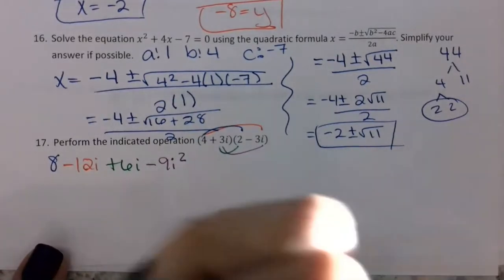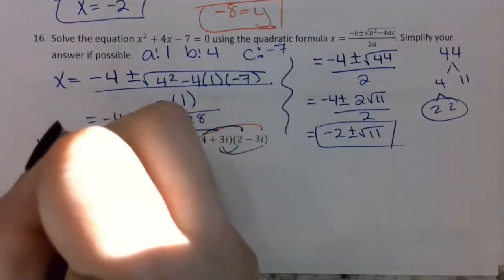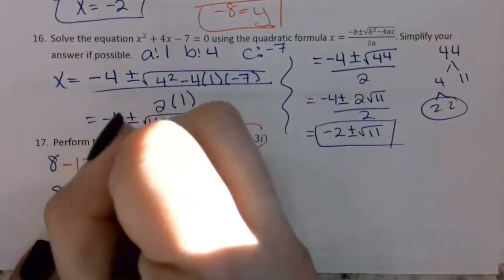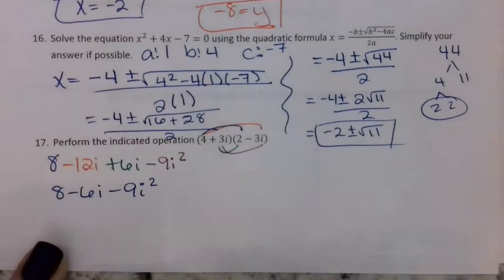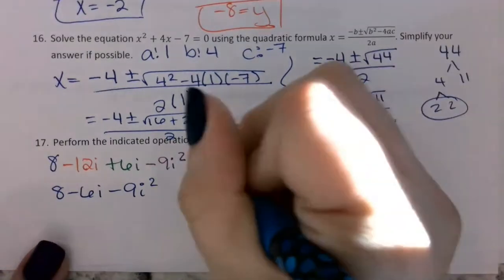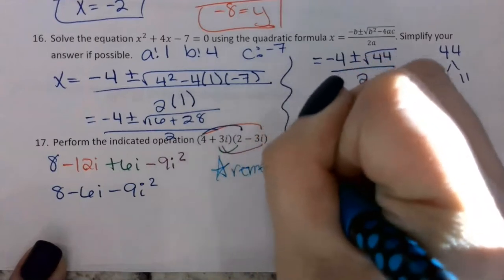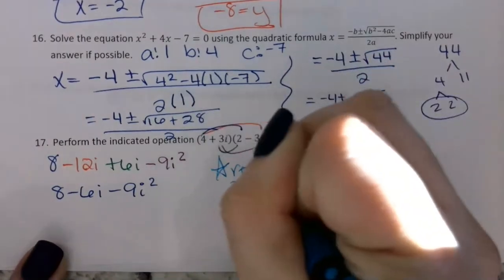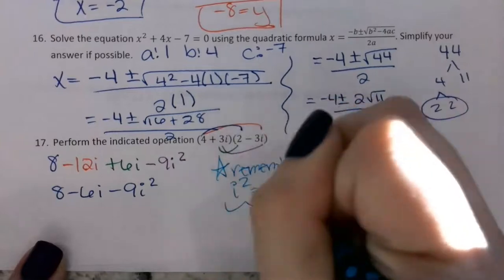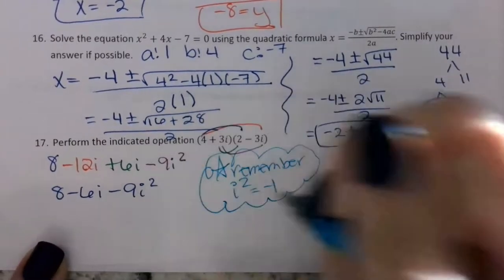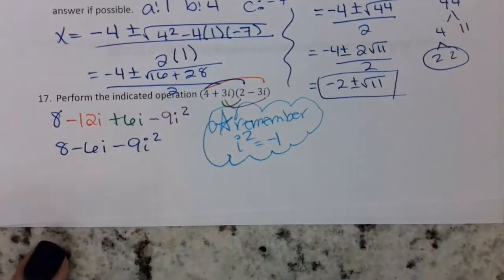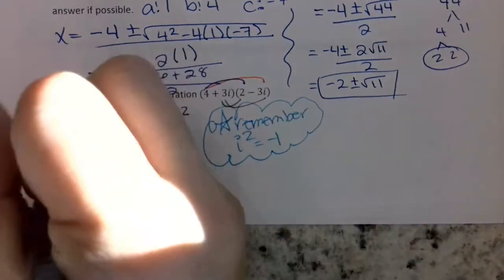Then I can combine like terms. I have 8 minus 6i minus 9i squared. Something I want to remember is that i squared equals negative 1. So I can replace i squared in my formula with negative 1.